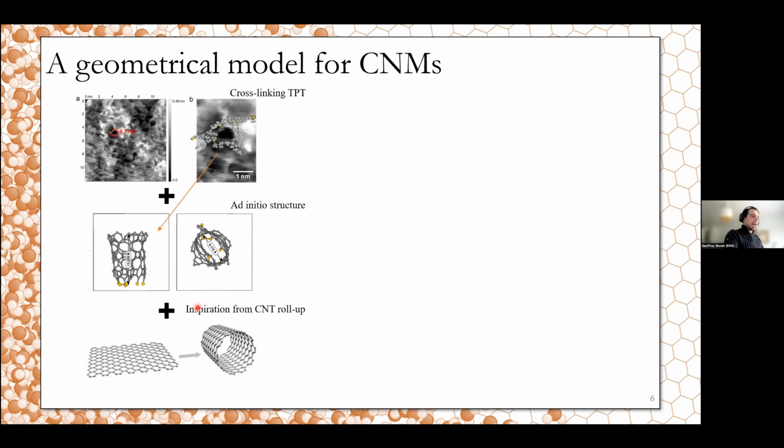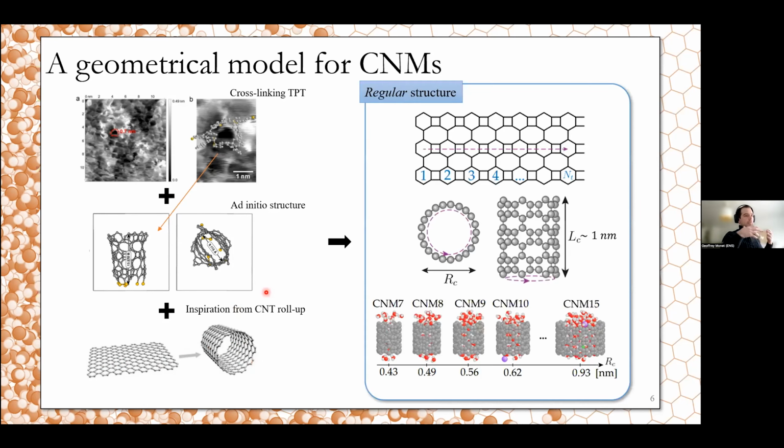And finally, I take inspiration from how we describe the structure of a carbon nanotube from the rolling up of a graphene sheet, to propose a very simple and regular model for the nanopore. A nanopore of the CNM will be seen as a rolling up of a layer made of TPT molecules that are cross-linked to each other.